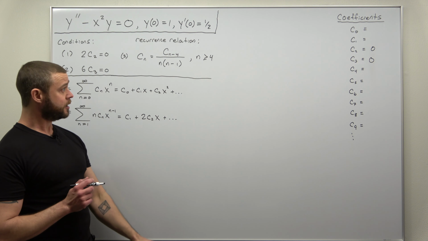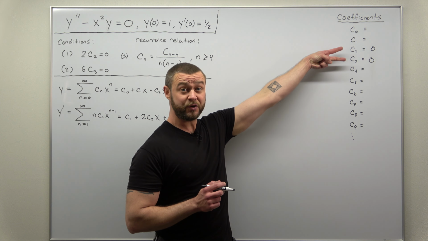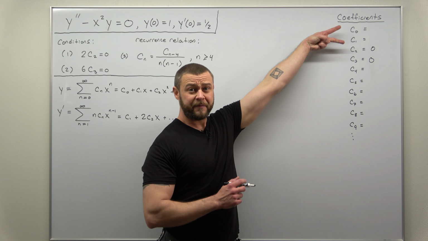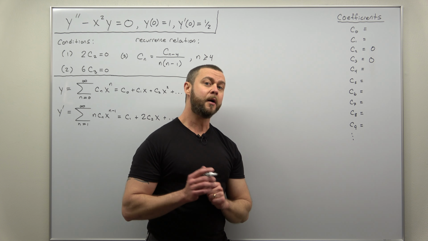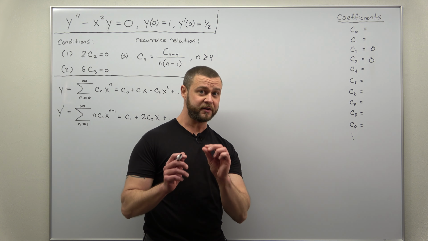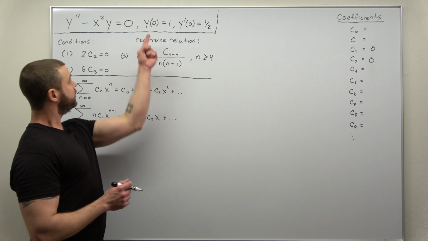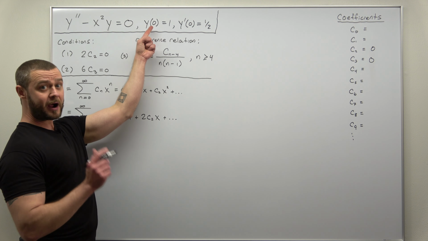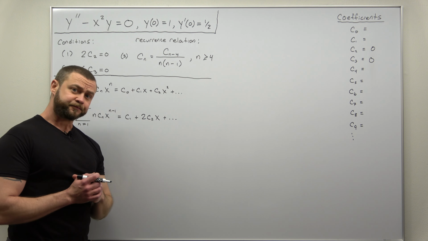Now, notice here, from those simple conditions, we get the values of c2 and c3. What about the values of c0 and c1? Those are going to come from the initial conditions. So let's go ahead and use our initial conditions exactly like we would have before. We're going to plug x equals 0 into our function, and then x equals 0 into the derivative.